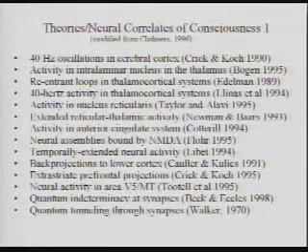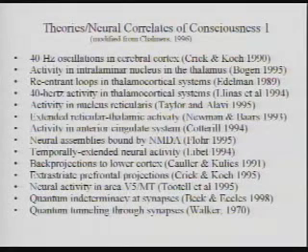Perhaps the best known is Crick and Koch's idea of 40 hertz oscillations in cerebral cortex, because it does seem to correlate best. And we have some anatomical things like activity in the intralaminar nucleus in the thalamus, reentrant loops in the thalamocortical system by Gerald Edelman, 40 hertz activity in thalamocortical systems, activity in the nucleus reticularis, extended reticular thalamic activity, Newman and Baars, the anterior cingulate system, neural assemblies bound by NMDA receptors, Ben Libet's idea of temporally extended neural activity, back projections to lower cortex, extrastriate, prefrontal projections.